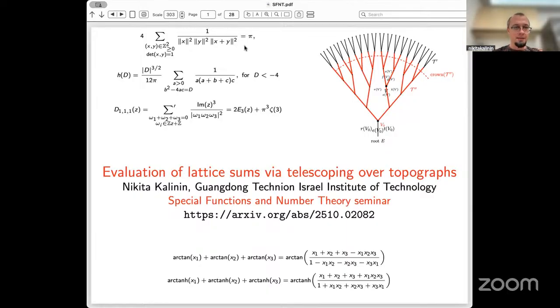And then on the second and third line, you will see nothing else, just other formulations of the same formula. I will explain it. The second formula appeared in the work of Adolf Hurwitz 100 years ago. And the third line appeared in the work of Don Zagier, like 20 years ago.